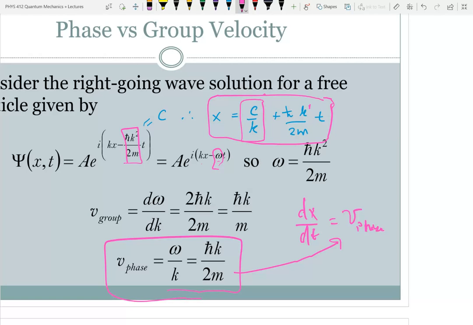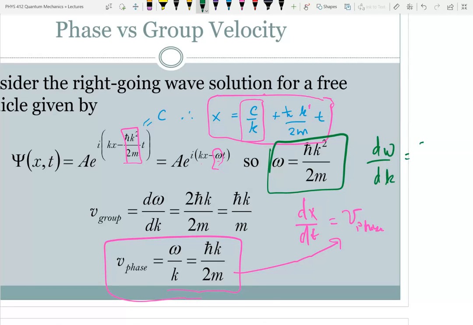Since omega was h bar k squared over 2m, if I take the derivative of omega with respect to k, k squared brings down the 2, k, and the 2's cancel. And so it's h bar k over m.